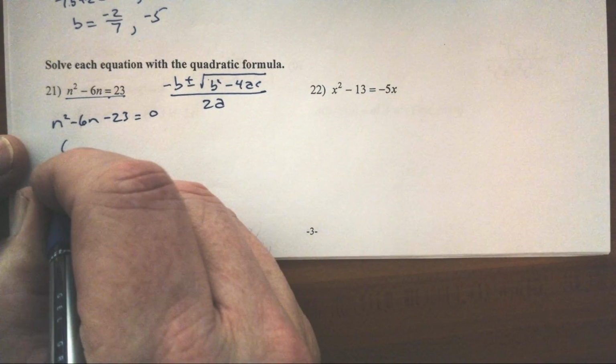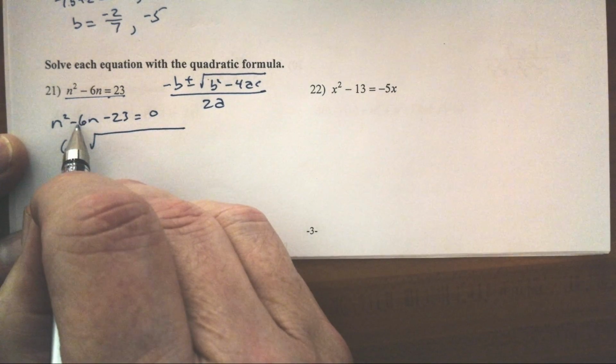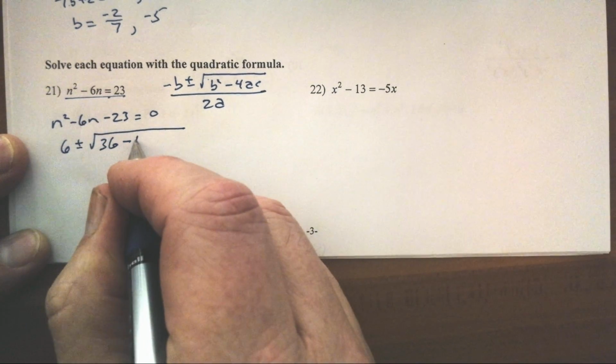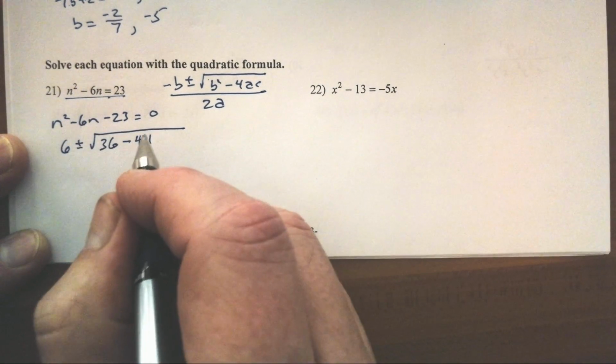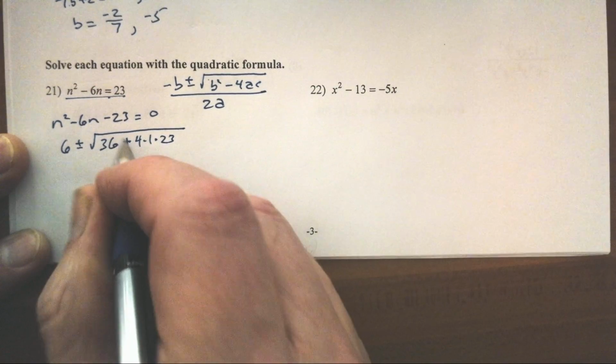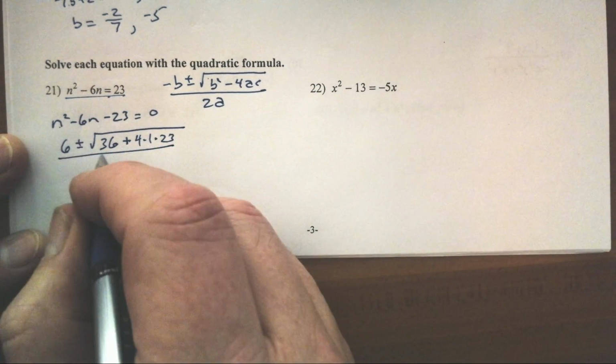So the opposite of b, 6, plus or minus square root of b squared, negative 6 times negative 6, 36, minus 4 times a times c, 1 times negative 23 makes this plus, all over 2a, 2 times 1, 2.